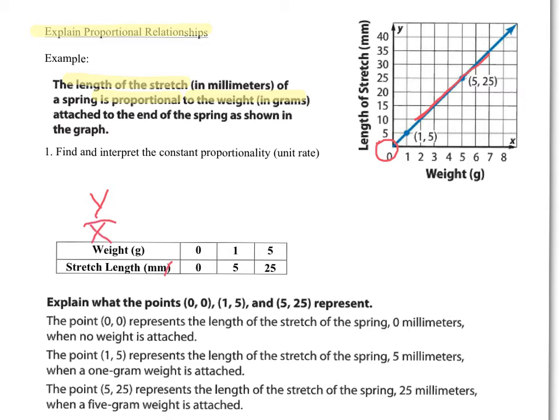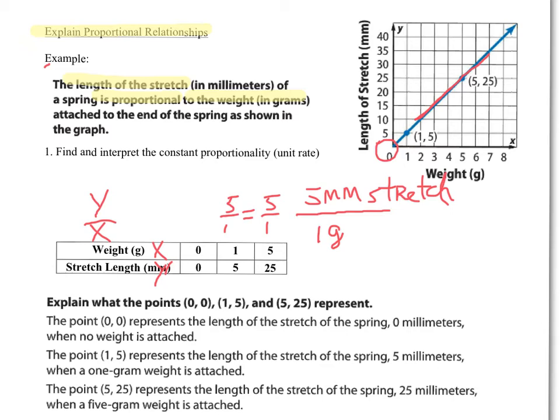This is y, and this is x. Both of our comparisons of y to x are 5 to 1. So this unit rate describes that there are 5 millimeters of stretch for every gram of weight that you put on the spring. Again, we don't use this because we can't divide by 0.